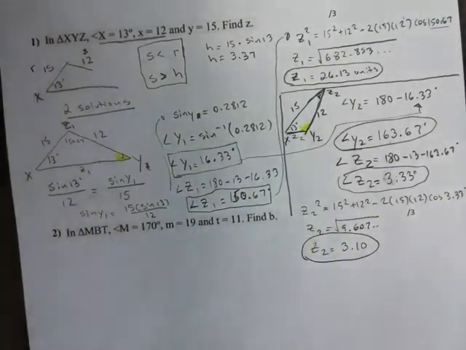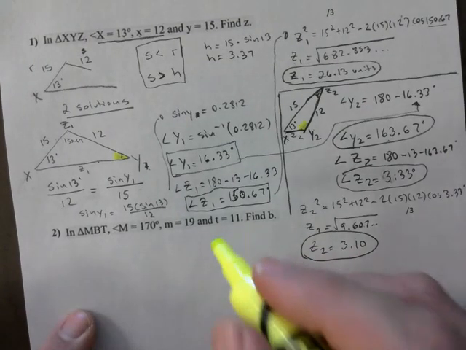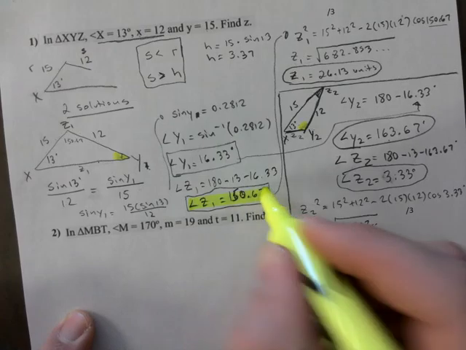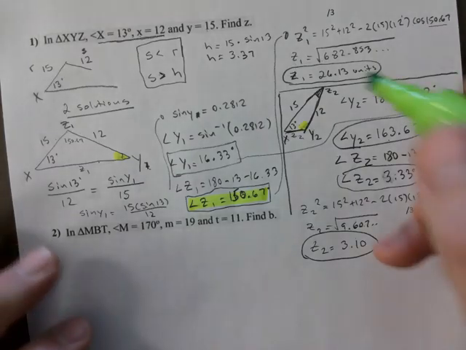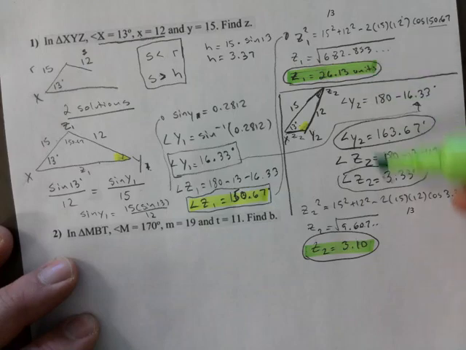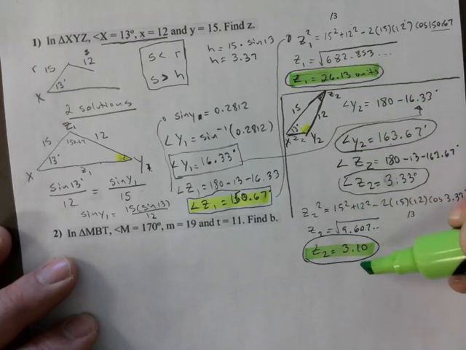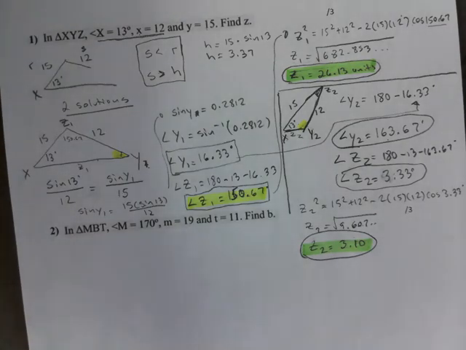So now you've solved for side Z, and you can tell me that it's this. No, sorry, that's angle. Where's the side? Here. It's this or this. So Z could be this or that. Okay, two different answers for it.